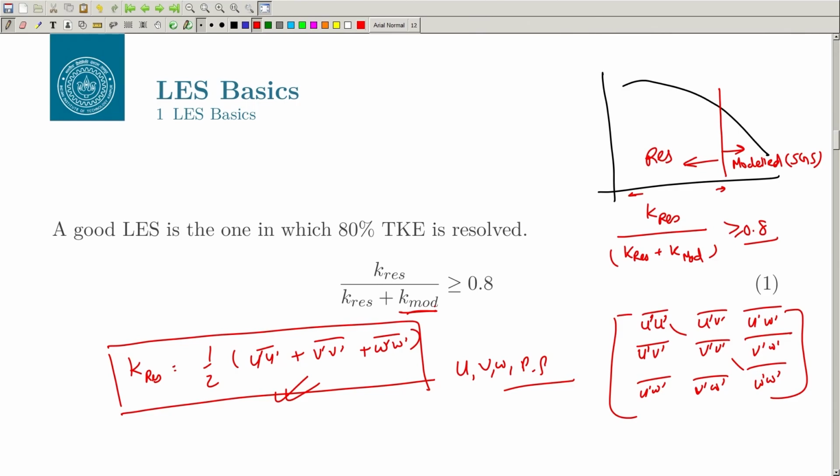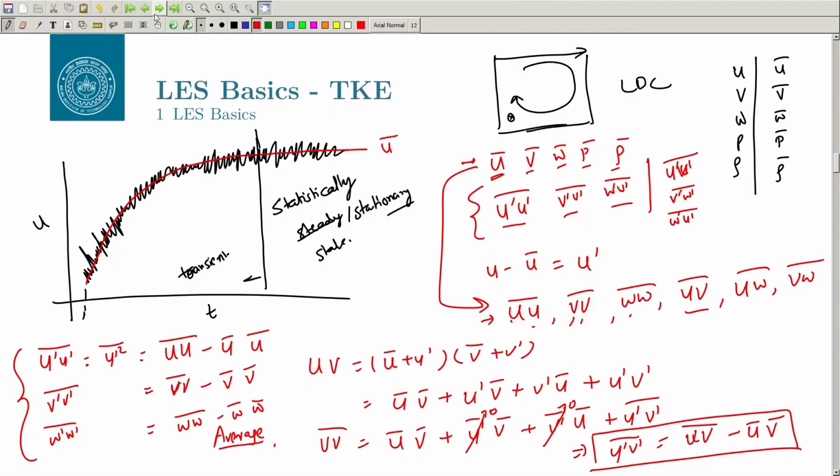But let us say you are using an SGS model, any stress model which is inspired by the eddy viscosity model, then you can get this quantity directly. For example, if you are using OpenFOAM, you can get this K SGS, which is the kinetic energy through the SGS model.